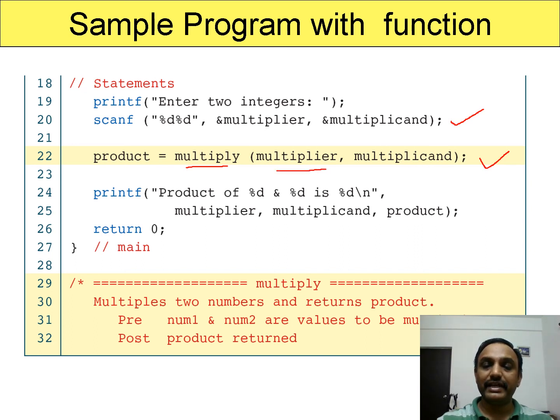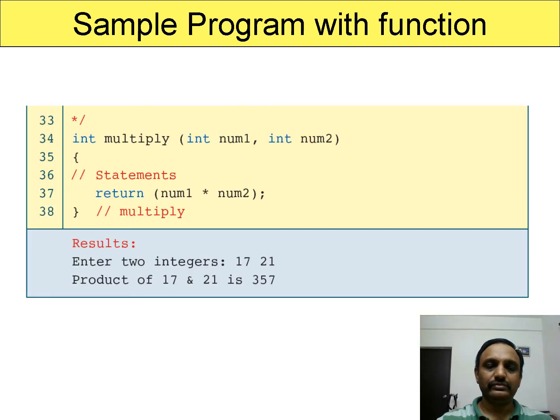One is multiplier, second one is multiplicand. Once I call, control goes to the function definition. After the completion of execution of the function definition, it returns the value. That value is assigned to the product. Here we are printing the product value. In the next slide we will see how to write our function definition.